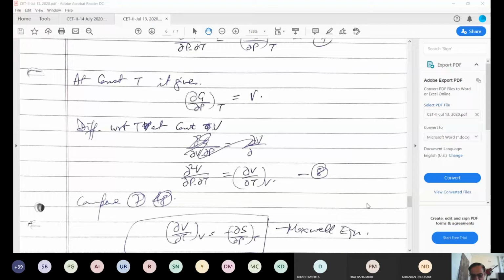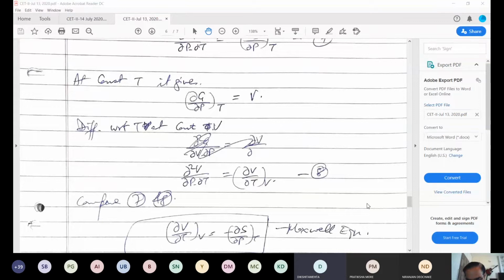So if we use the function of V and S, the independent variables are volume and entropy. So we take the derivative with respect to volume first, and then with entropy. The next time we take the derivative with respect to entropy, and then with respect to volume. So we get two equations. The left hand side will be the same for both the equations. So the right hand side has to be equal. So that gives us the Maxwell equation. The same we do for all the properties.